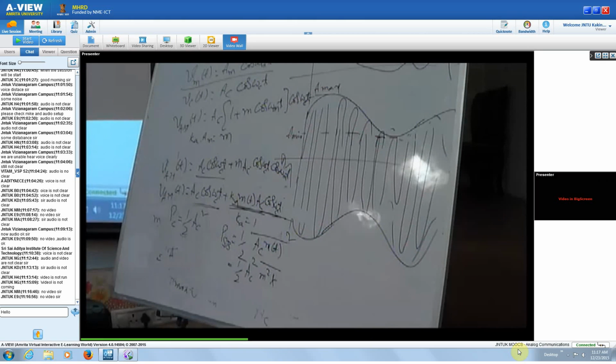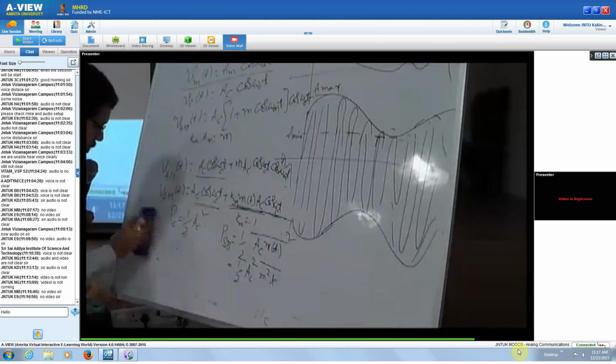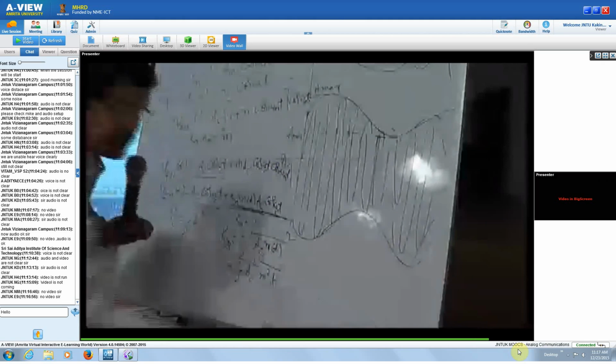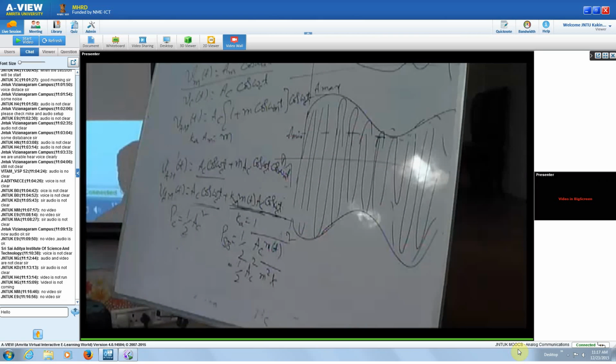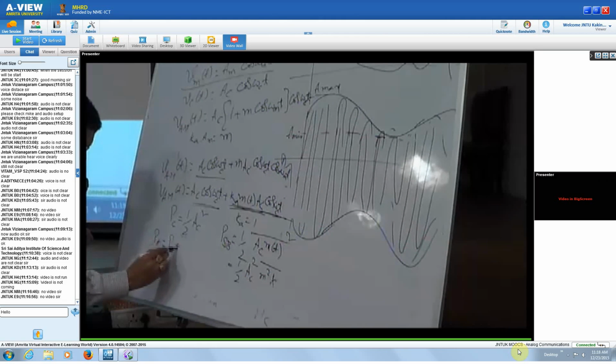Therefore, if you calculate the relation between the total power and the sideband power, what is the total power? The sum of the carrier power and the sideband power. So your P_T will be equal to P_C plus P_SB.